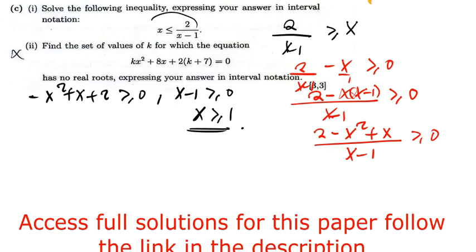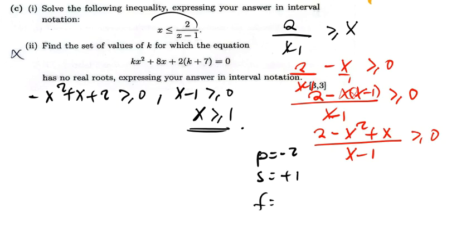Now it is going to be the product. We have negative 1 times 2 is negative 2. The sum is positive 1. The factors, I think it should be positive 2 and negative 1. So positive 2 times negative 1 gives me negative 2, and positive 2 minus 1 gives me positive 1.